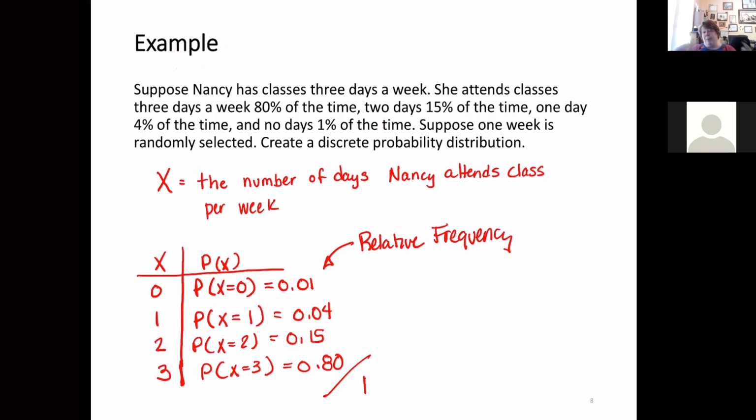So you could actually pop this into your calculator, put the values that your random variable can take on in your first list, L1, and put the frequencies in L2 and calculate the one variable statistics. So you can certainly do this on your calculator, but let's show you what it means to do it by hand.